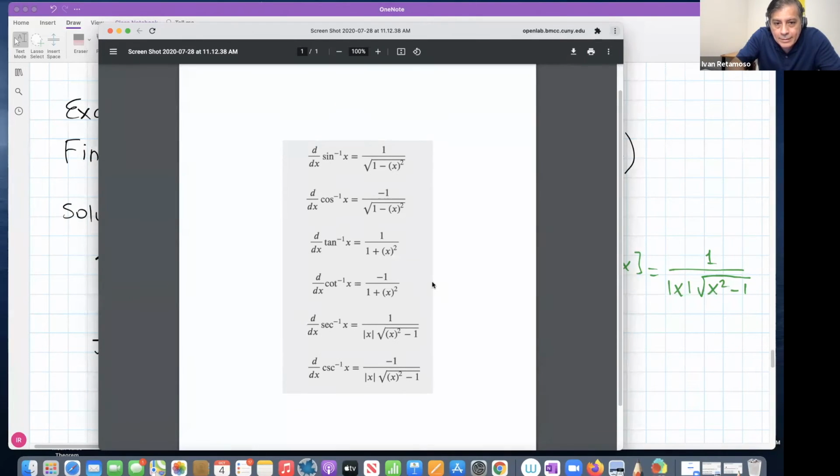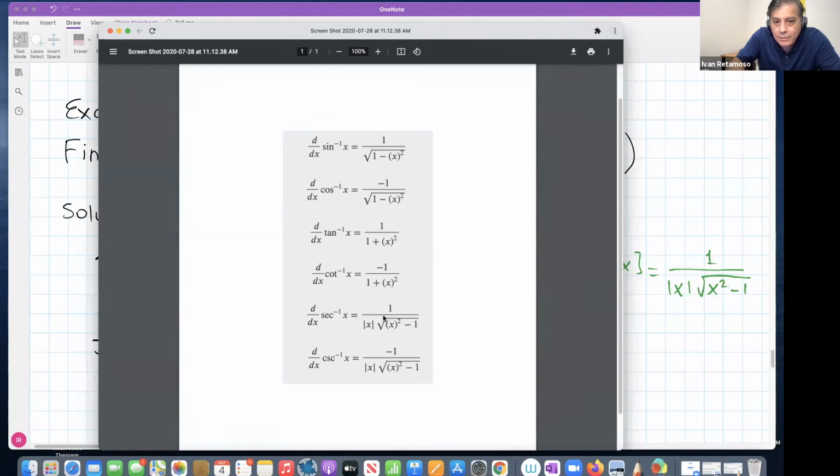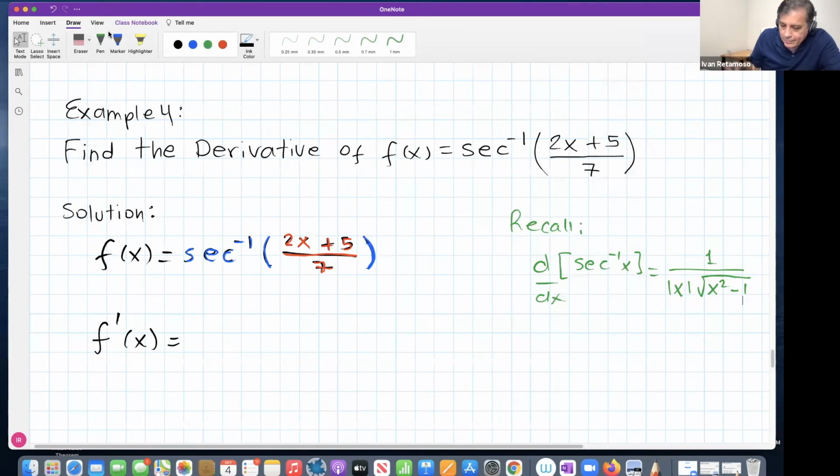It's here: derivative of secant inverse, 1 over absolute value of x times the square root of x squared minus 1. The x is written within parentheses to help you recall that you may not have x here, you may have some other function, because you may be dealing with composite functions in general.